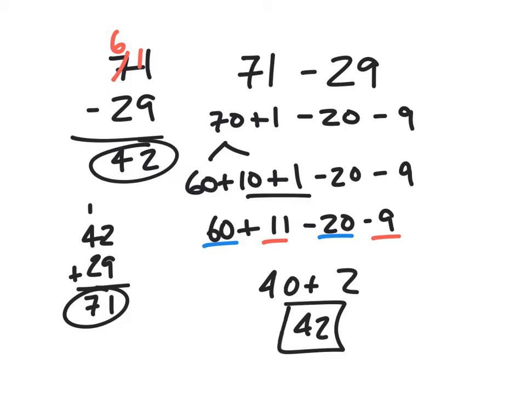And a lot of it's on how you say it, but really this is the structure. And when you have a kid who's 7 or 8 years old and they can break this stuff down and they can reorganize it and they can then add those numbers that way, that's something that's really powerful, because at that point, they're learning the structure of mathematics and why, when you take 71 minus 29, you get 42.